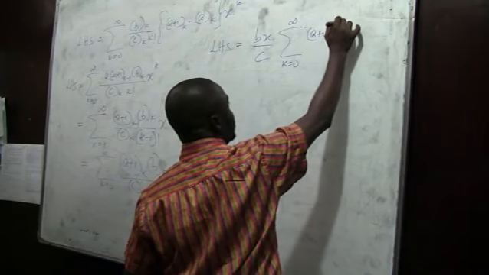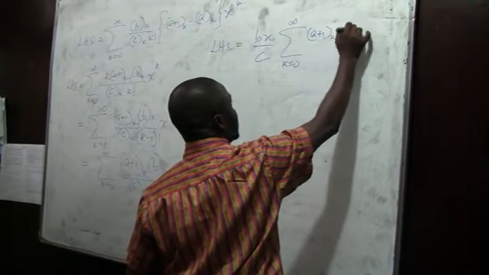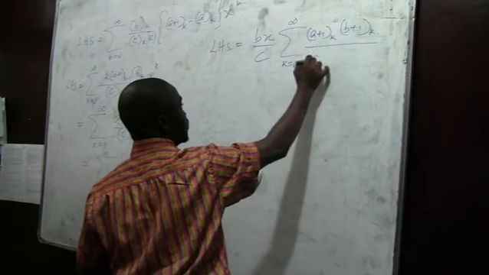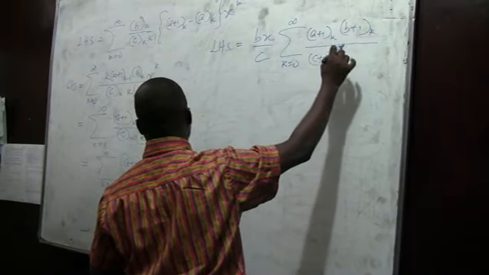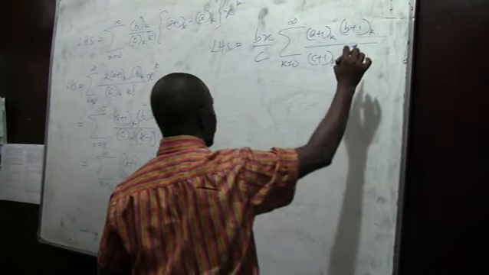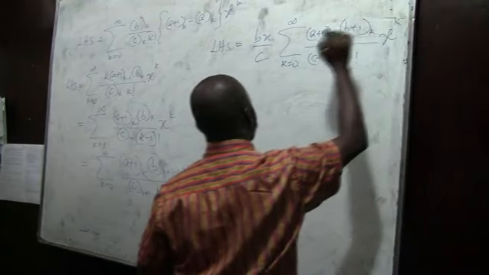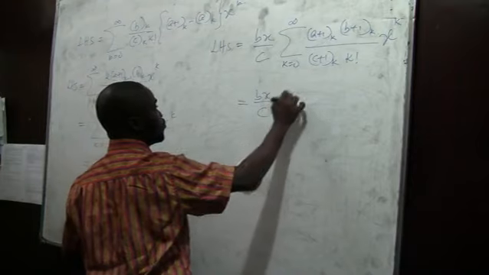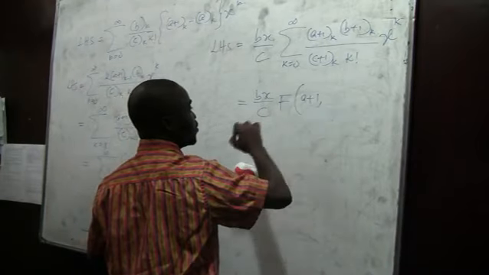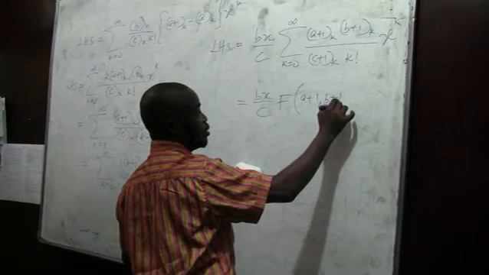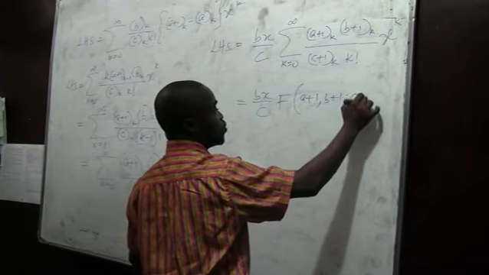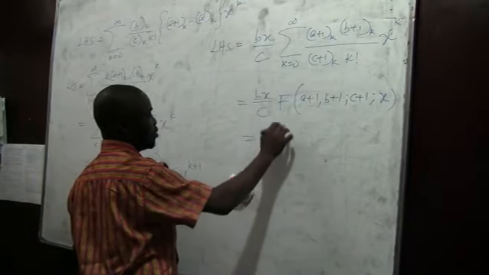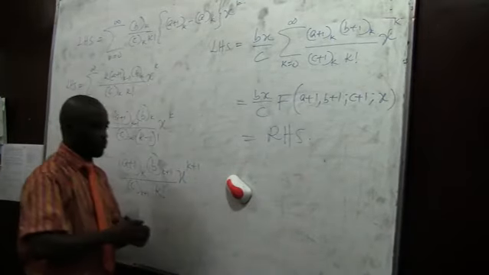I have b plus 1 sub k divided by c plus 1 sub k factorial x raised to power k, which gives f into a plus 1 comma b plus 1 semicolon c plus 1 semicolon x, which is our desired result right hand side.